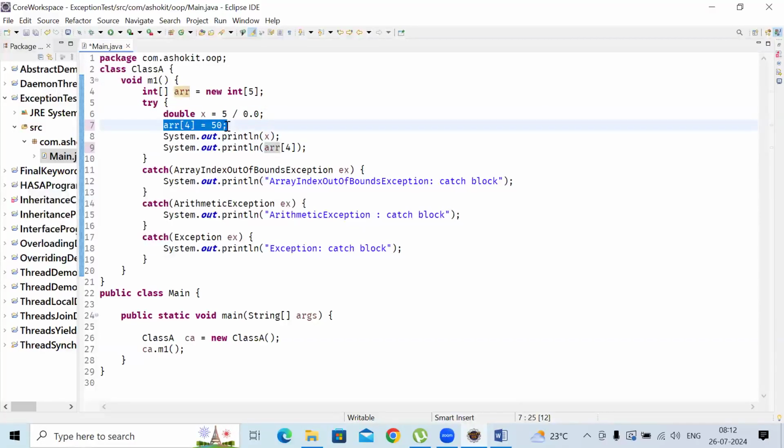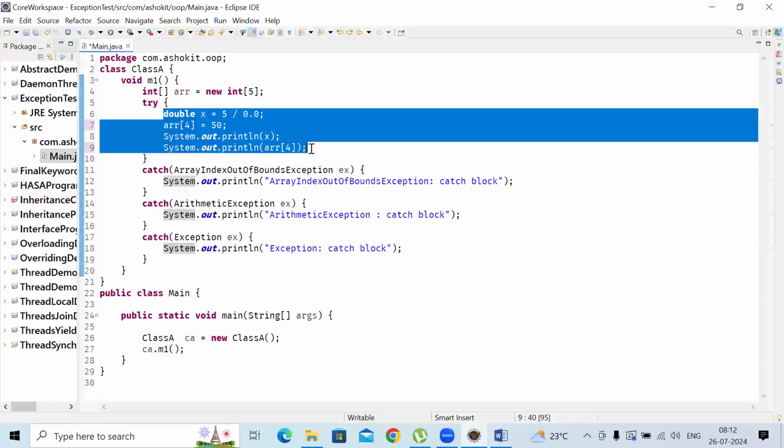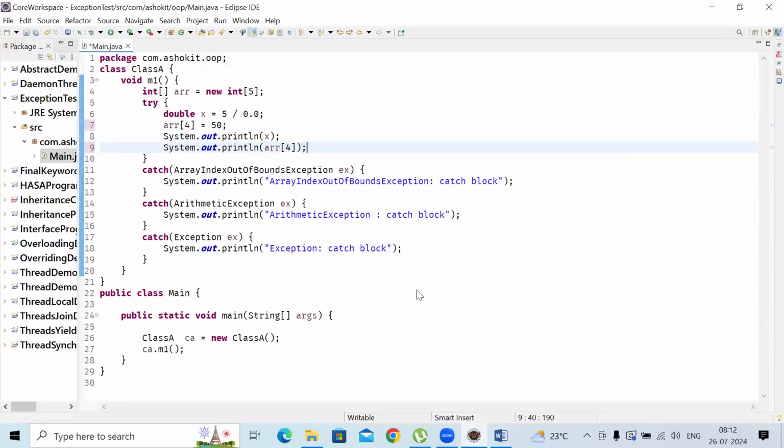This statement is also correct. No exception. So these 4 lines are valid and don't have any exceptions. Am I clear?